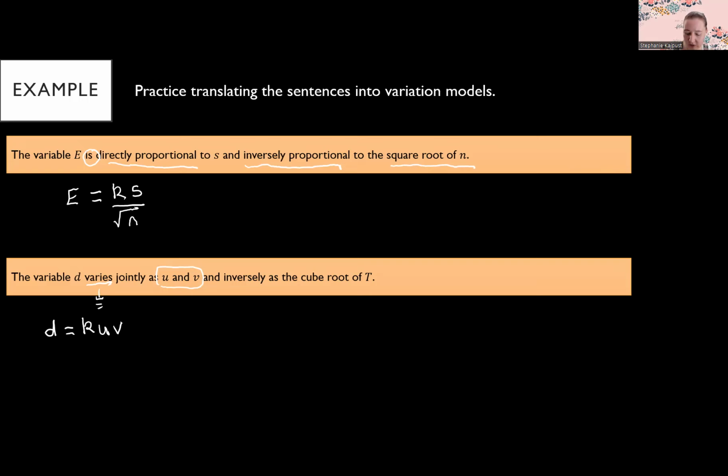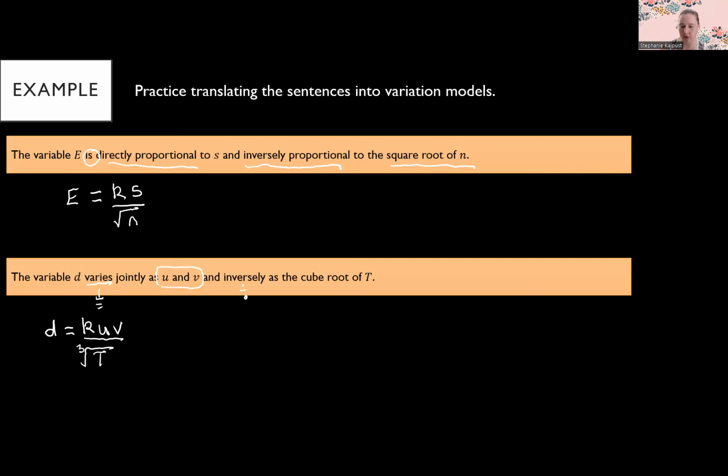And then inversely, so that's where we're dividing. So I'm dividing by what follows. So I'm going to create a fraction. And then we've got cubed root of t. So the root, it's a cubed root, so I need to make sure I put that symbol. And then t is what's inside there. So we have d varies, which gives an equal sign, and I'm going to have that k.